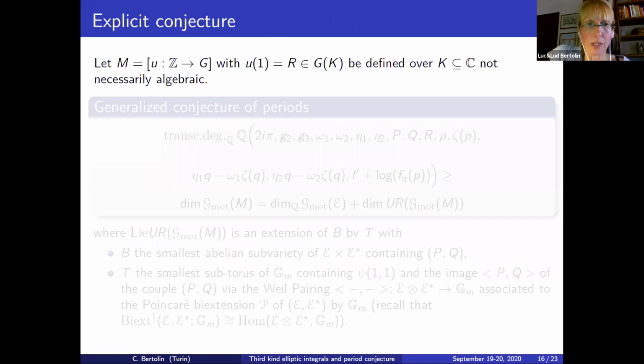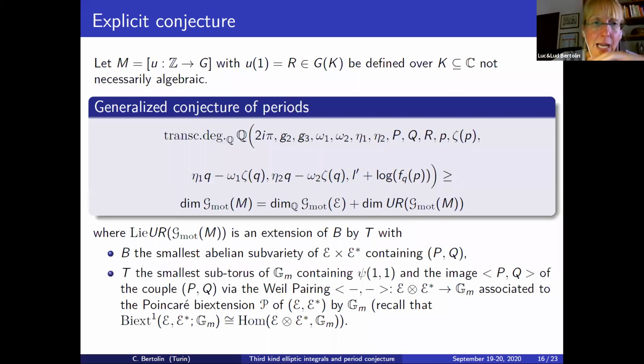So if we consider our 1-motive, now we have computed the period. Explicitly, in our case, the quaternion period conjecture becomes the transcendence degree over Q. Then I put g2, g3, P, Q, R because they belong to the field of definition of the 1-motive.